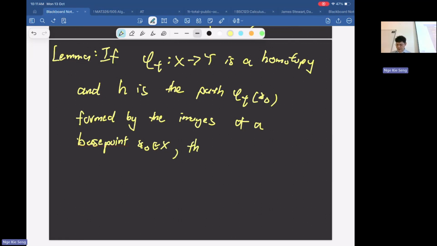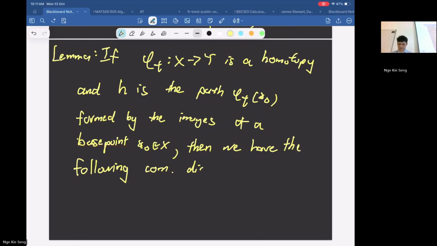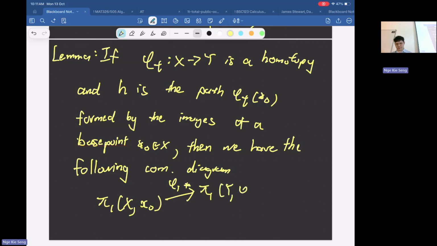Then we have the following commutativity diagram. So π1 of x naught goes by φ0 star to π1 of y at φ0 x naught, and the other one goes by φ1 star to π1 of y at φ1 x naught.